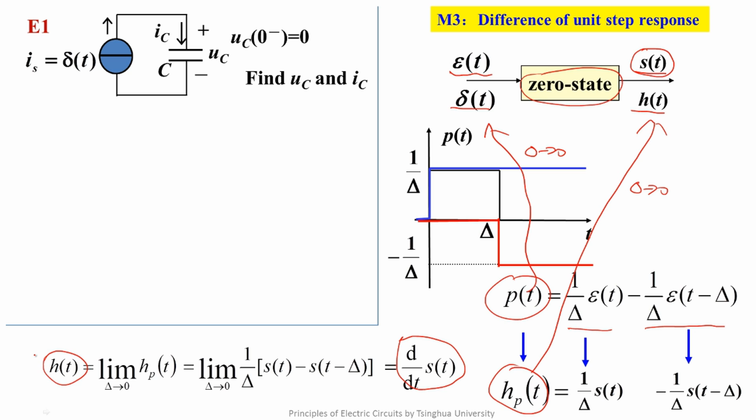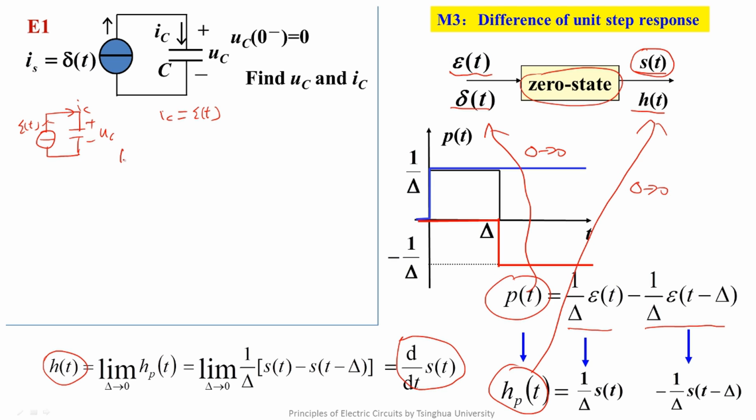Specifically, if we want to solve the unit step response of this circuit, the circuit should be like this. We know iC equals epsilon(t).